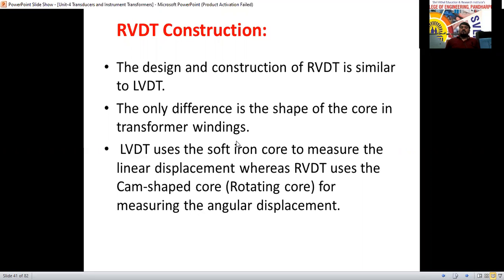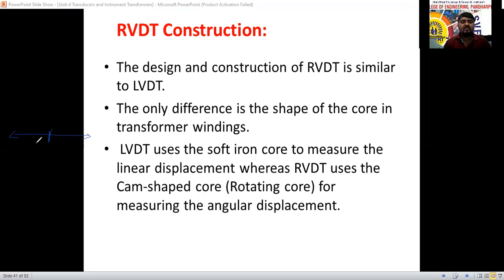So LVDT uses the soft iron core to measure linear displacement, whereas RVDT uses the cam-shaped, rotating core for measuring angular displacement. In the LVDT, the displacement is linear, left and right. At the null position, that is the center, the output is 0.